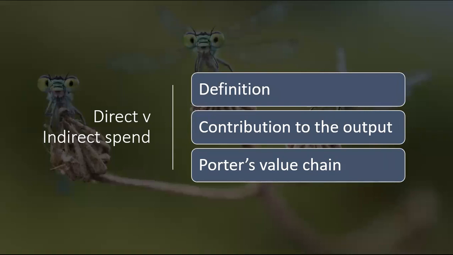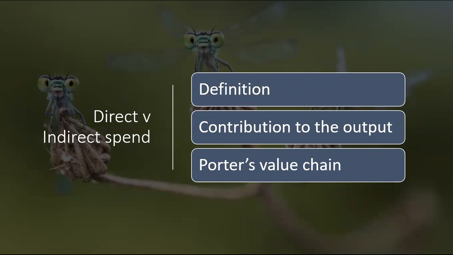And of course, when we talk about direct and indirect, we often focus on manufacturing companies or retail companies. Normally we don't talk about direct spend and indirect spend in public sector or third sector. Normally we talk direct and indirect in private sector.